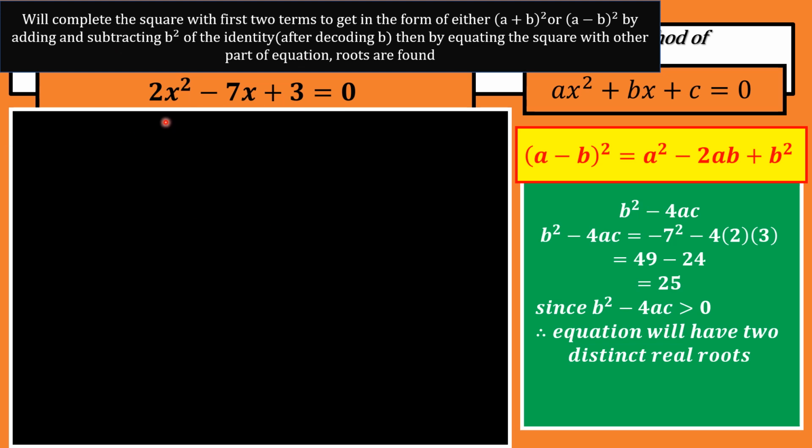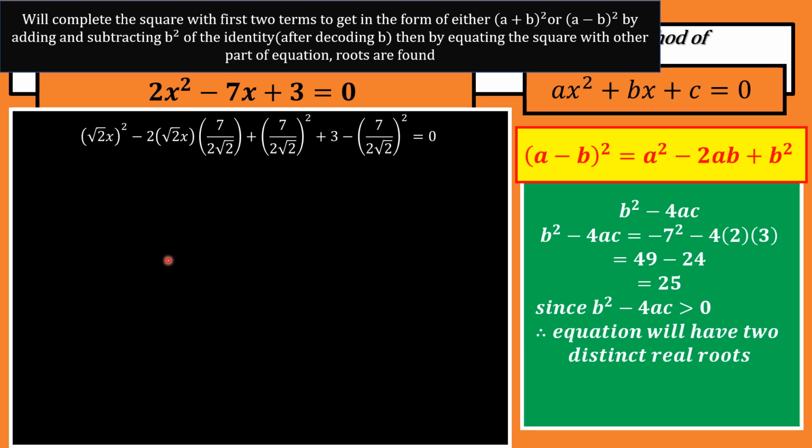Now see, first of all, if the coefficient of x square is a perfect square, then it's okay, like 4, 9 and so on. We'll write the square of this whole term. If the coefficient is not a perfect square, we'll take the under root of that and then square both, like this one, under root 2x whole square. This is our a, right, minus 2ab. 2a is this, b we have to decode.